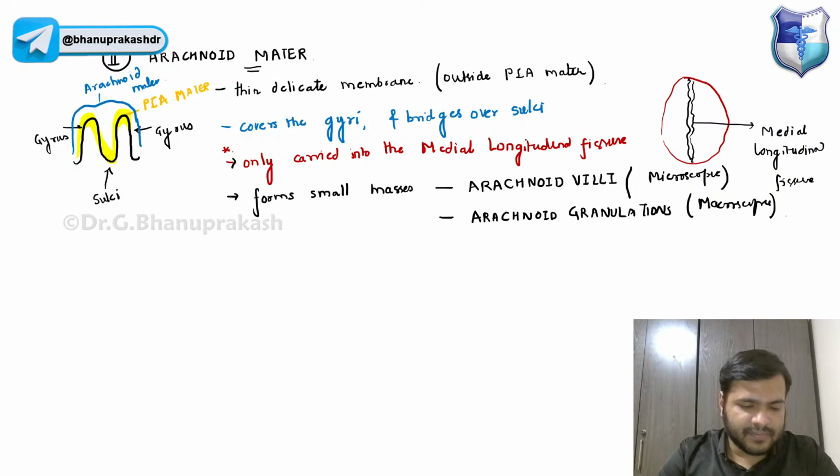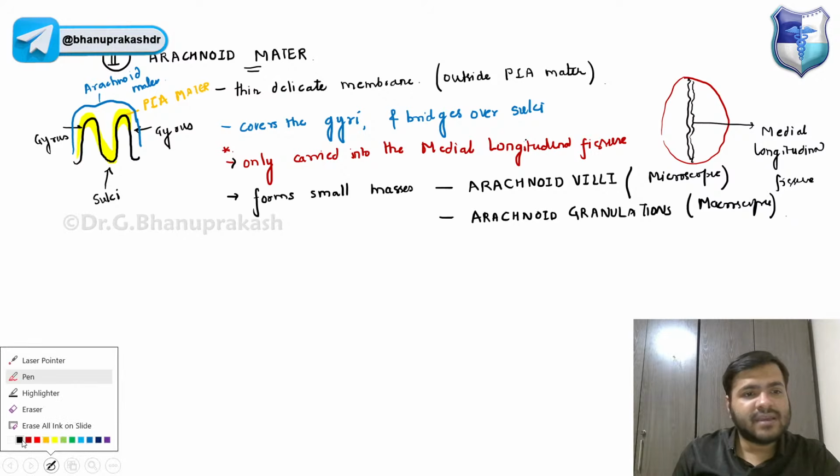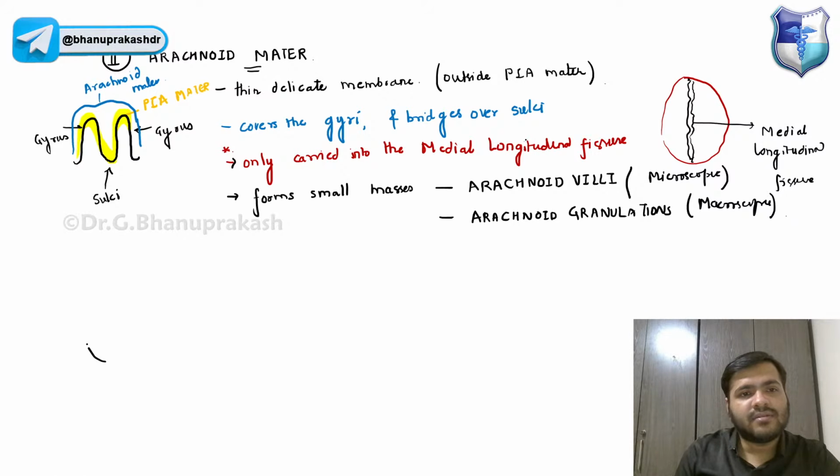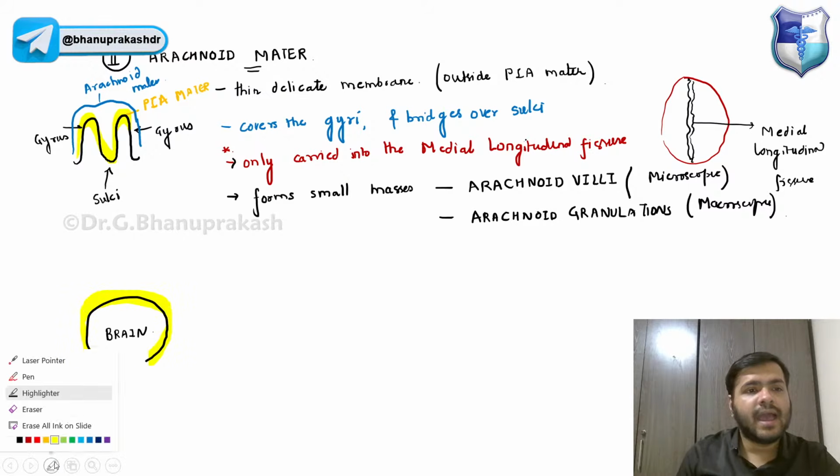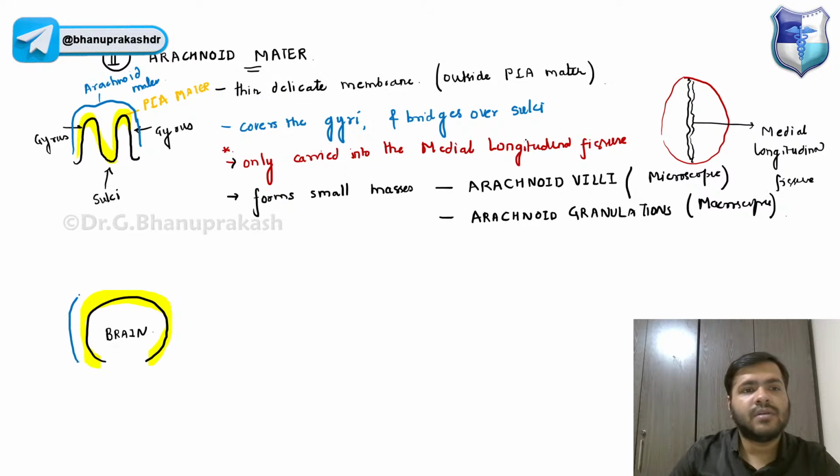Now, guys, again, let me take an example. Let us suppose that this is the brain, and the brain is covered by the pia matter, and outside the pia matter, you already know we have the arachnoid matter.